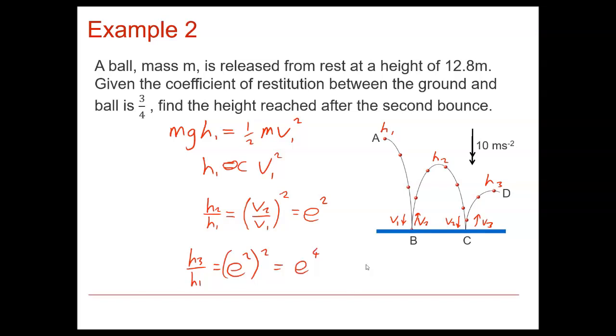So if I want the final height, all I really need to do is do e to the power of 4 and multiply that by the original height of 12.8. And reassuringly that comes out again as 81 over 20, which is approximately equal to 4 meters again.